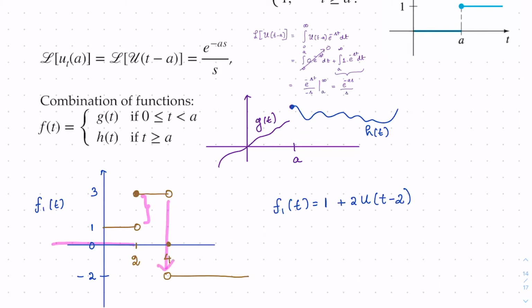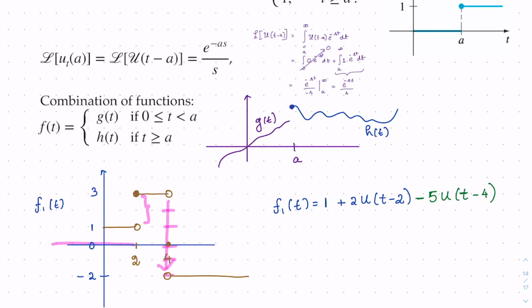How many units is it going down? 1, 2, 3, 4, 5 units going down. So what do you do? You subtract that: minus 5 times u of t minus 4.